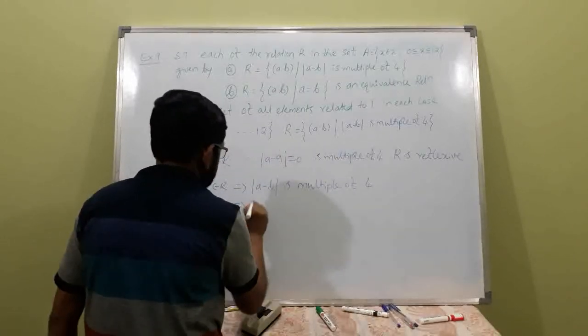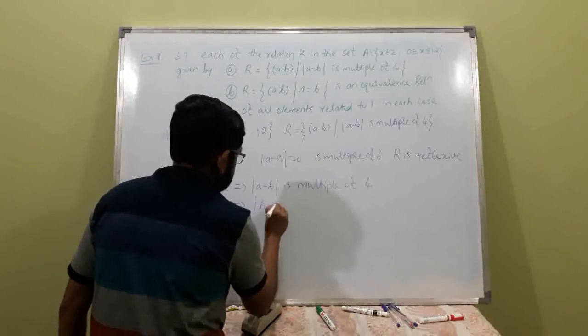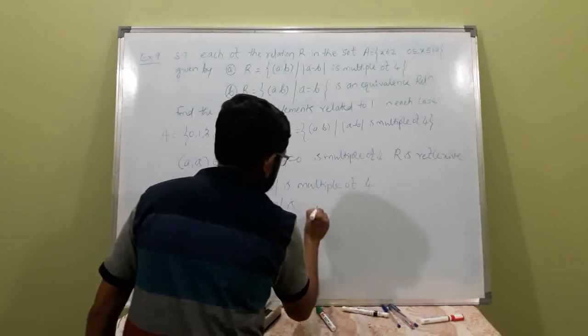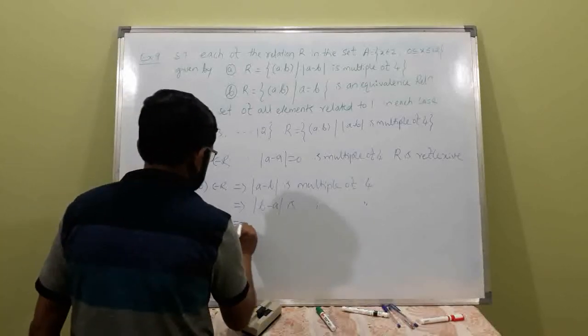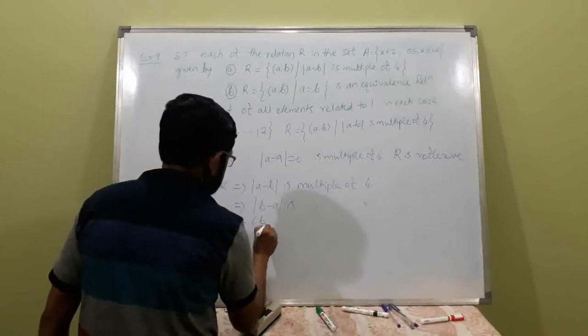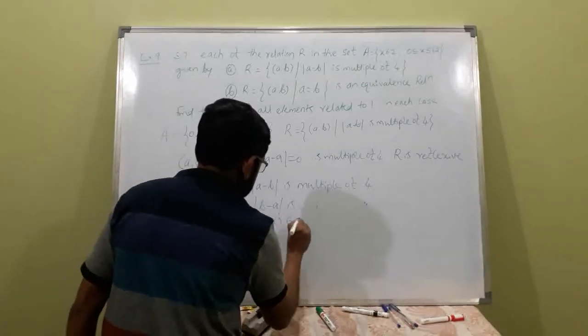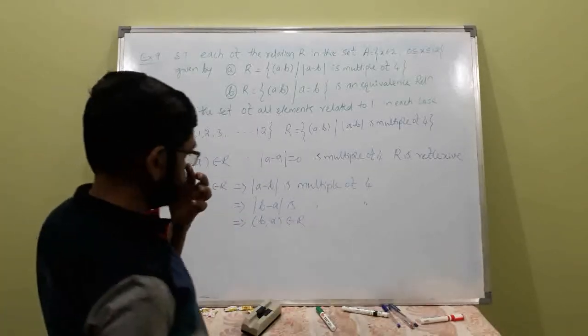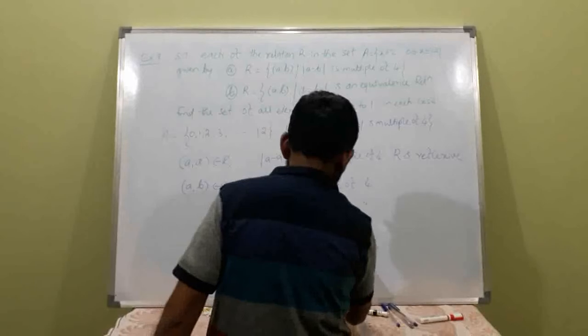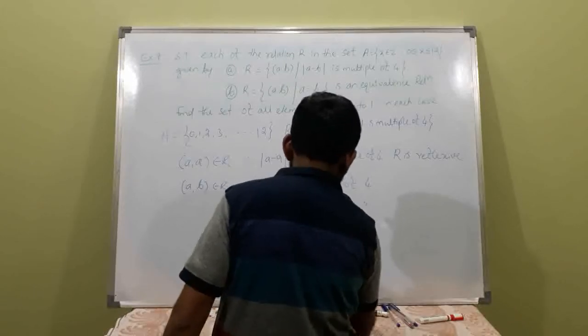That implies b minus a is a multiple of 4. Therefore, (b, a) belongs to R. That means (a, b) belongs to R implies (b, a) belongs to R. So R is symmetric.